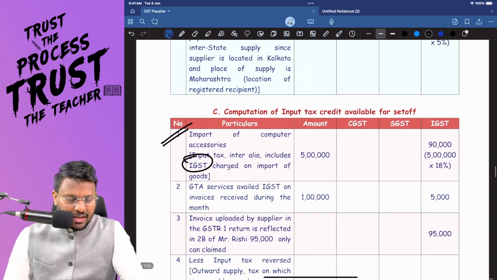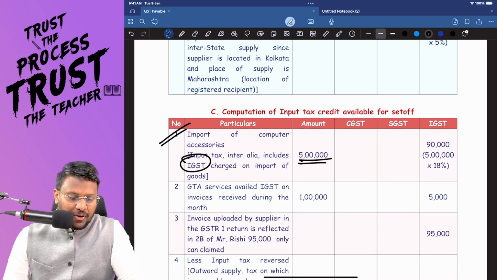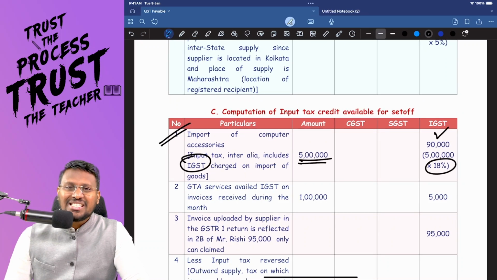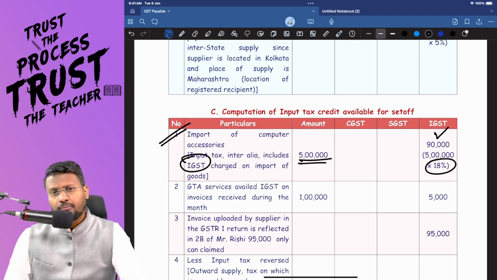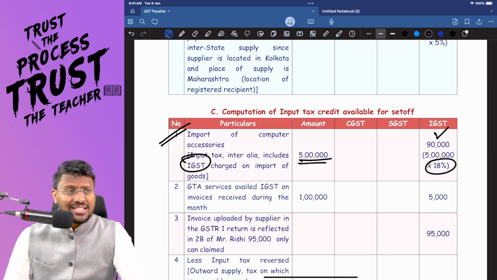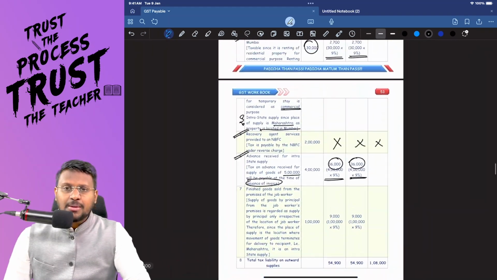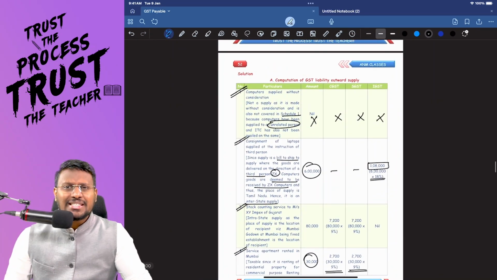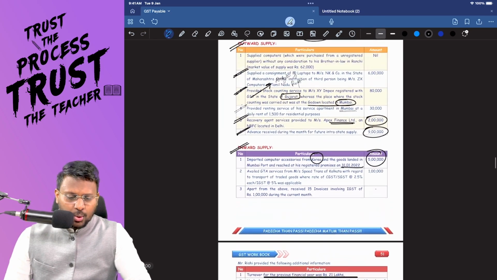So the amount is 5 lakh, 5 lakh into 18%, 90,000 IGST you would have paid. This IGST paid can be taken as ITC. Actual receipt of goods or services or both: yes, the goods are actually received. So we are entitled to take what? ITC.